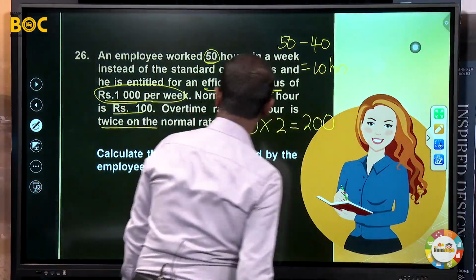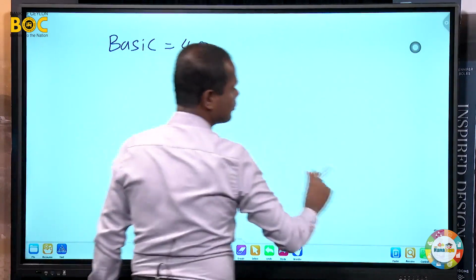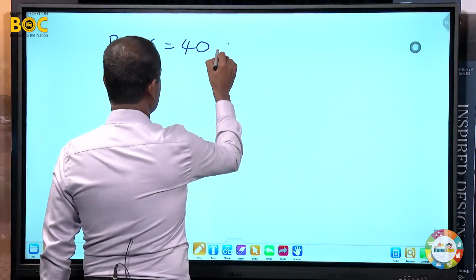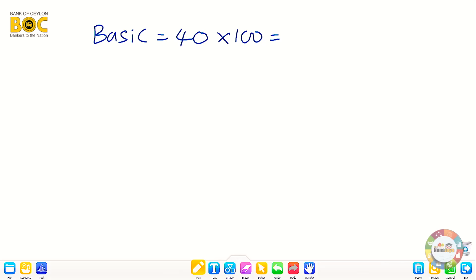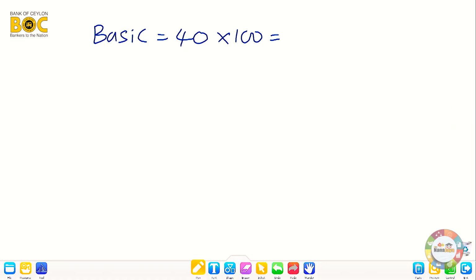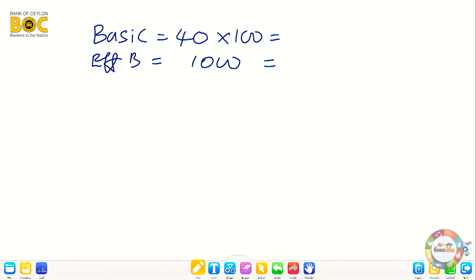Normal hours 40, the normal rate is 100, so 40 into 100. The efficiency bonus is 1000 rupees per week. And overtime payment: the overtime rate is 200.